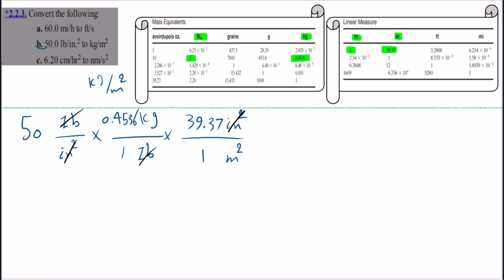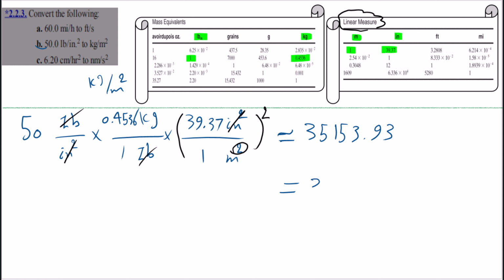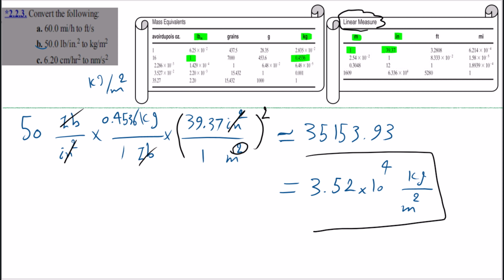Inch will be removed. But notice that we must raise this to the power of 2, because this is for linear; we are not talking about linear, we are having area. So the answer will be this. Nearly, you can also write it as 3.52 times 10 to the power 4 kilograms per square meter. This is your answer.